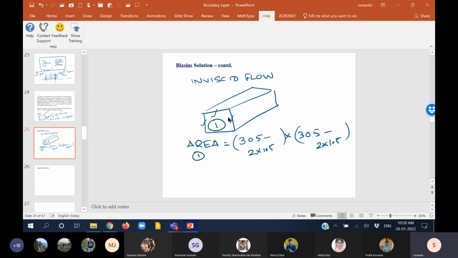Do you have any question? The whole idea of displacement thickness is to transform the flow from a viscous flow to an inviscid flow.